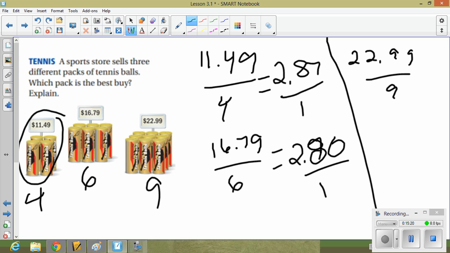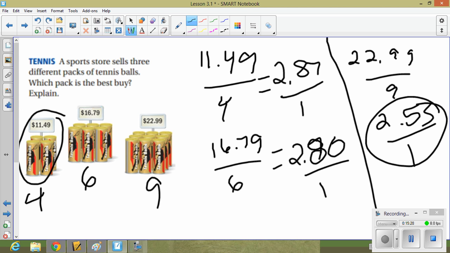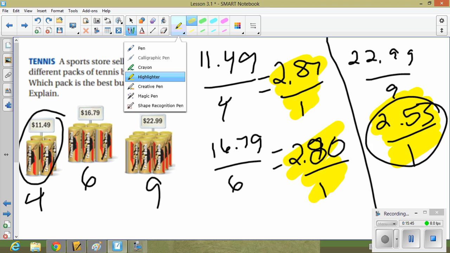And if I take a look at the $22.99, that's roughly $2.55 per one tube. So if I take a look at the unit rates now, at what it costs for one tube in each of these packs, now I have the same number of units in all three of my scenarios. Which one is the best deal? Which one's your best buy?